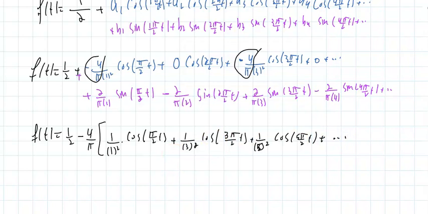Plus, here I notice they all have 2 over pi.